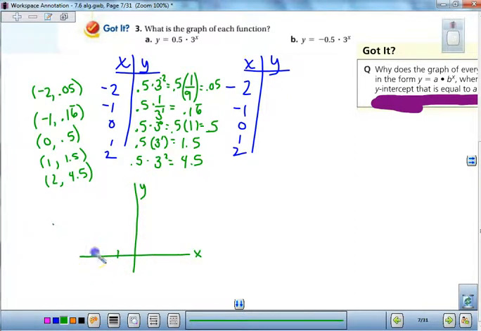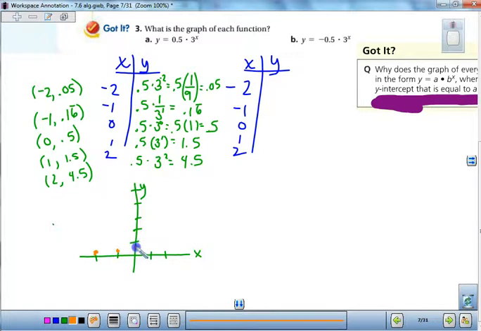Remember, our domain is all real numbers, but our range is just, in this case, going to be positive since our y-intercept is positive. So if I am plotting my points, the first one, -2 and 0.05, is so close to the y-axis. Then I have -1 and -1.6.